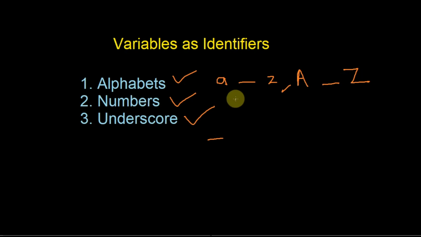Numbers are from 0 to 9, including both 0 and 9. And underscore, as I said, is a small character which looks like a negative sign. What are the other characters on your keyboard? Those are special characters, and they are not used in variable names. No special characters are allowed in variable names.